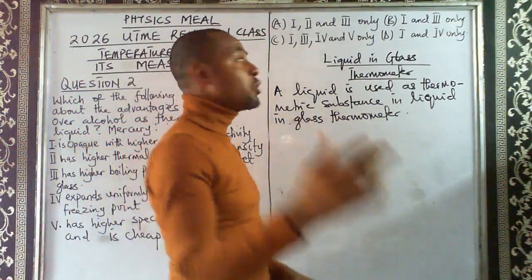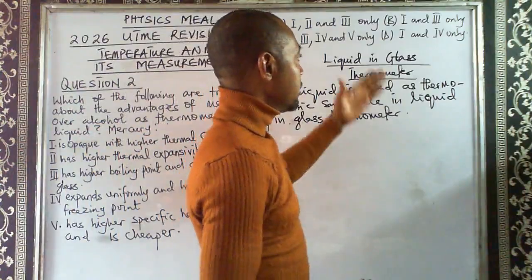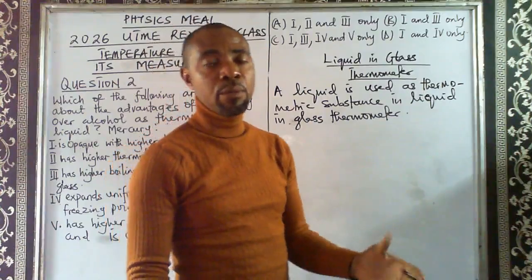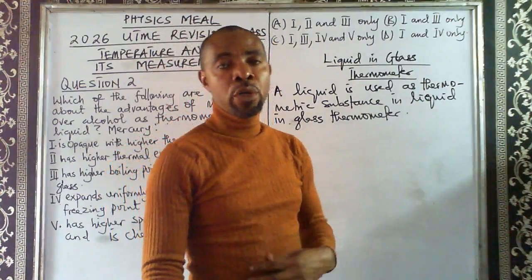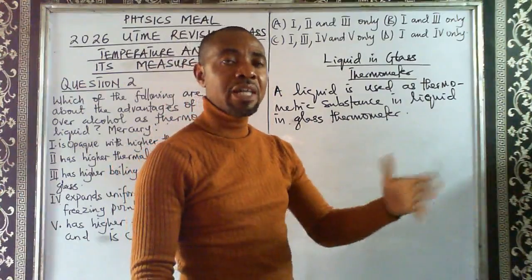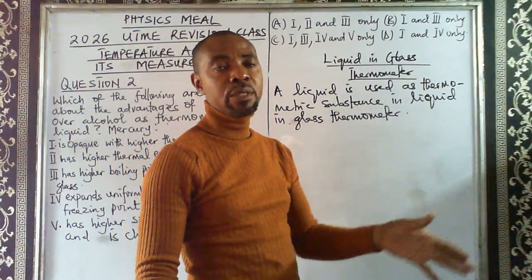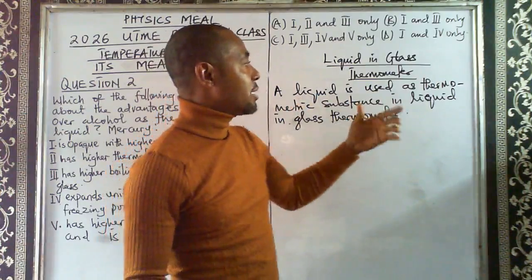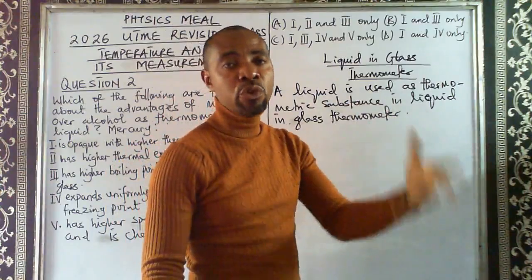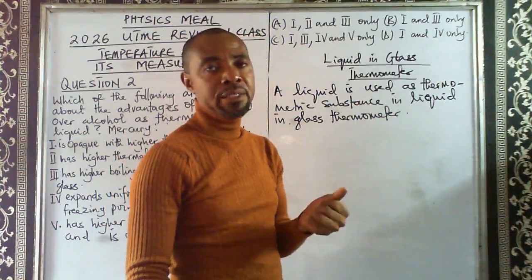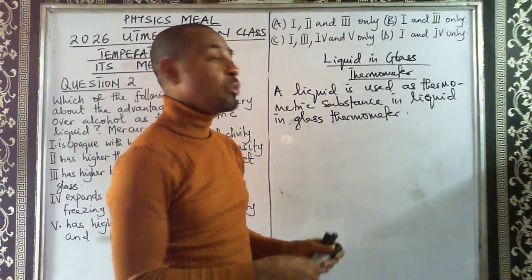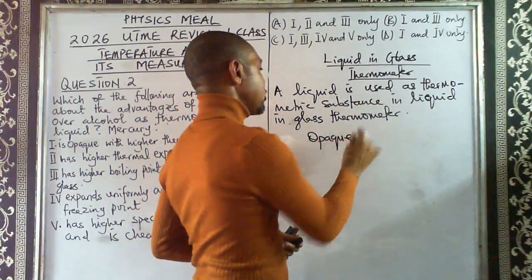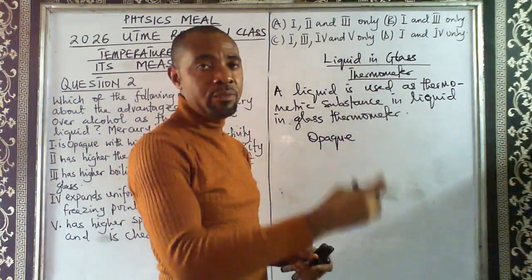Now the liquid we are going to use in the liquid in glass thermometer, remember we said the liquid in glass thermometer is one of the types of thermometer based on the thermometric substance. We also have the gas thermometer, that's the constant gas volume thermometer, and we have the resistance thermometer. In the liquid in glass thermometer, the liquid that we are going to use must have some properties. What are these properties? The liquid must be opaque so that it can easily be read for readability.